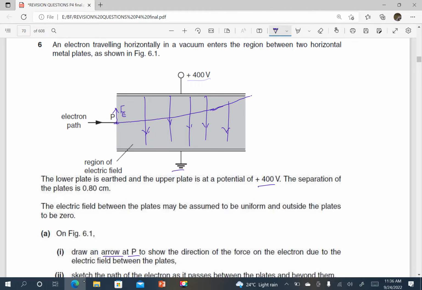So here you have to draw a perfect straight line. When it emerges from the plates, this part here is supposed to be a straight line because there is no electric field outside the plates. So here you put a ruler and draw a perfect straight line outside the field. But inside you see it is a curve, or it curves towards the top plate. So that will be the path of the electron.